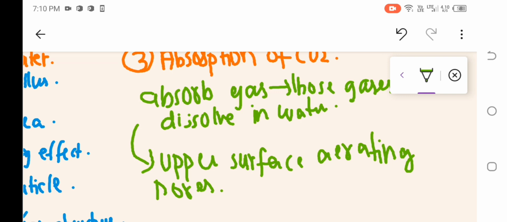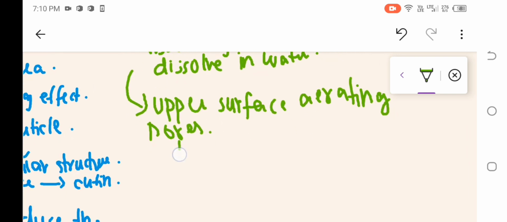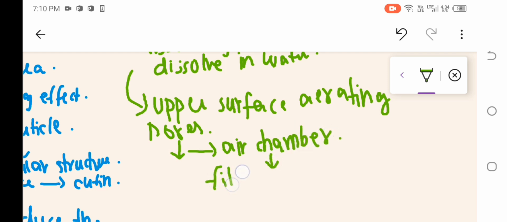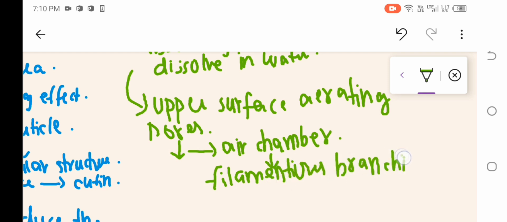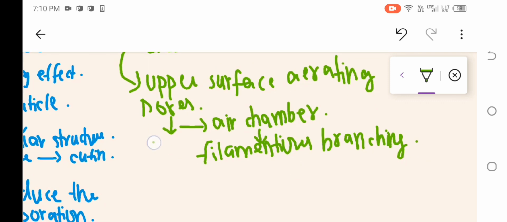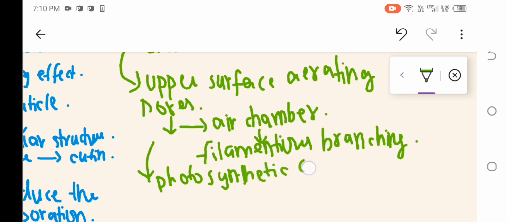These chambers have filamentous branches with photosynthetic cells. हर पोर के पास क्या होता है, हर पोर contains an air chamber, and these chambers have filamentous branching, and that filamentous branching contains photosynthetic cells.